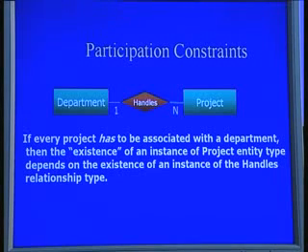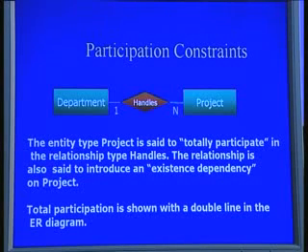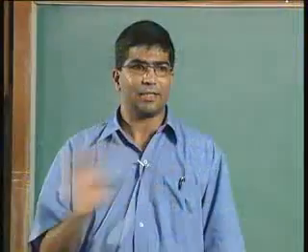They are defined by a double line here. Maybe it's not fully visible, but it is a double line here. So that means that the very existence of project is dependent upon the existence of a relationship of this kind. Going on further into participation constraints, we say that the entity type, in this case project, is said to totally participate in this relationship, because if it doesn't participate, it doesn't exist anymore.